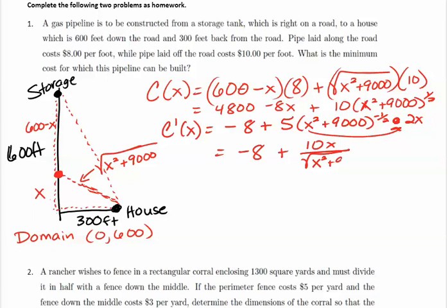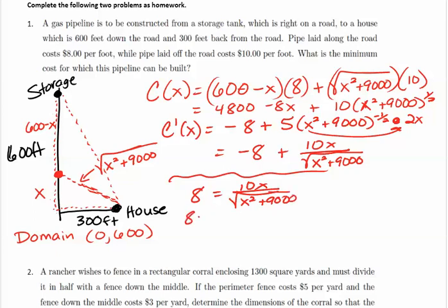And if we put that back into square root form, we want to find out when is that first derivative equal to 0. So if we're going to set that to 0, then we could move the 8 to the other side. We could multiply by the denominator.